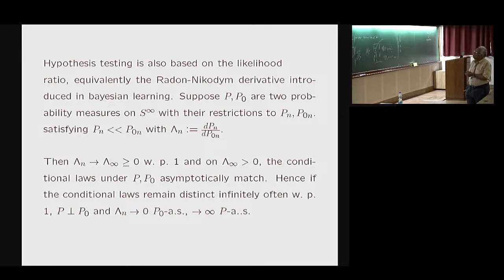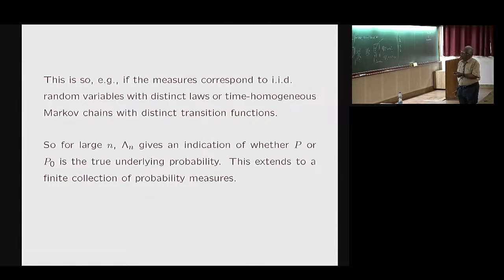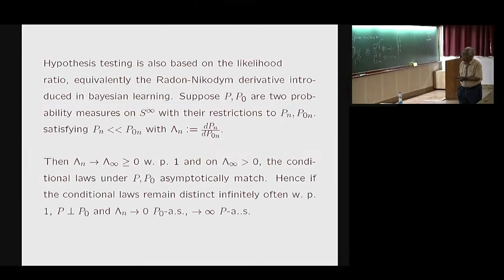I have P n and P naught with these restrictions, and lambda is the likelihood ratio. Then again, same thing. Suppose I consider IID values with distinct laws or time homogeneous Markov chains with different transition functions. Then if P naught is the true probability measure, say, then lambda n will, okay, I consider the likelihood ratio of P1 with respect to P naught.